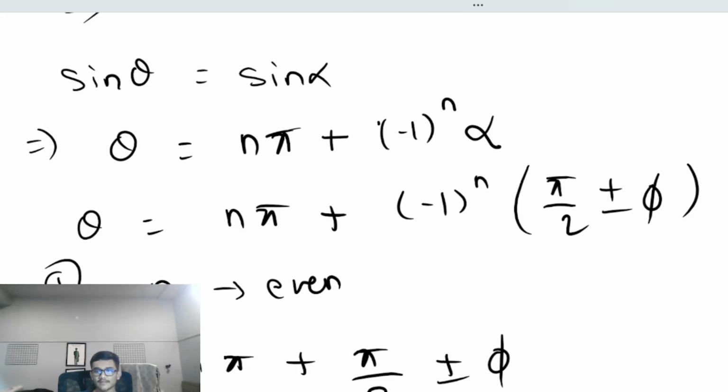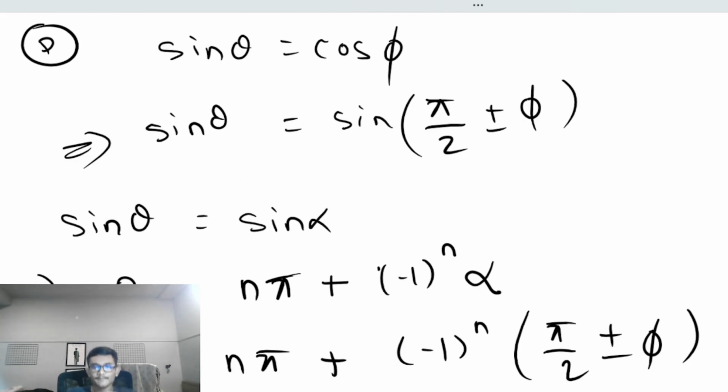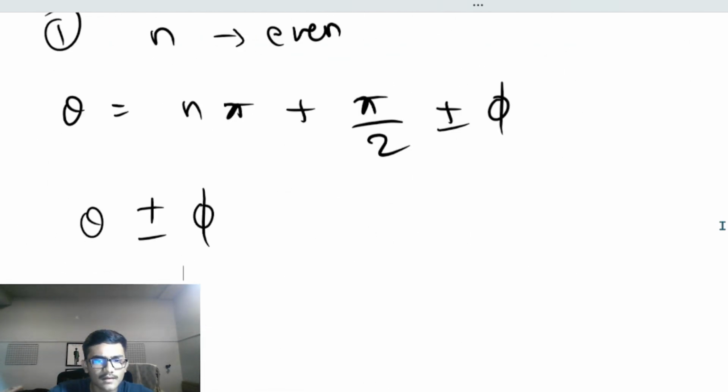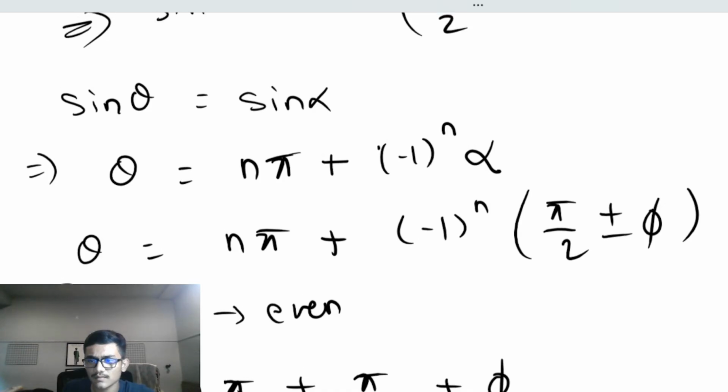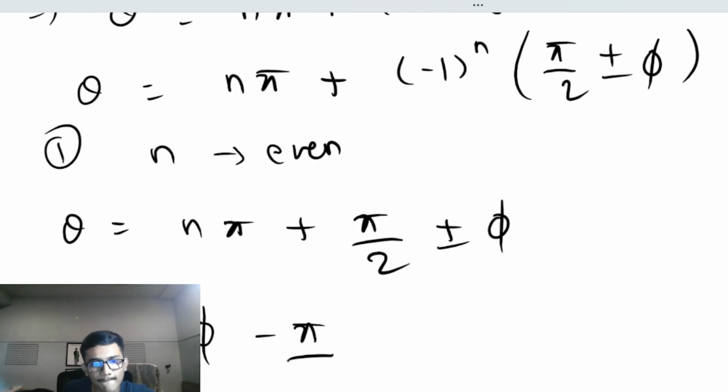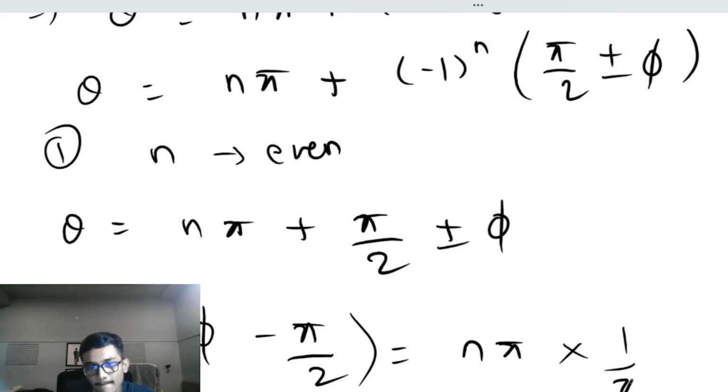So I'm writing it as plus or minus, and then minus pi by 2 is equal to n pi. Now the option also divides the whole term by 1 by pi, so I'm doing that, and I'm getting n, and my n was even, so the whole solution will be an even number.